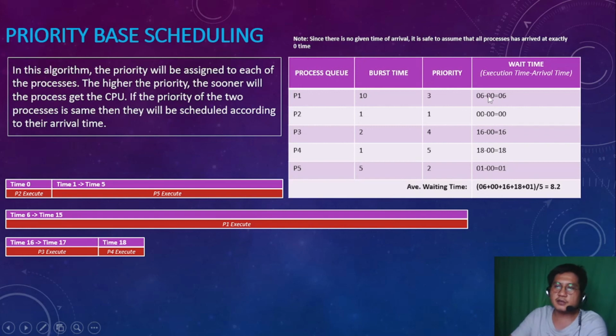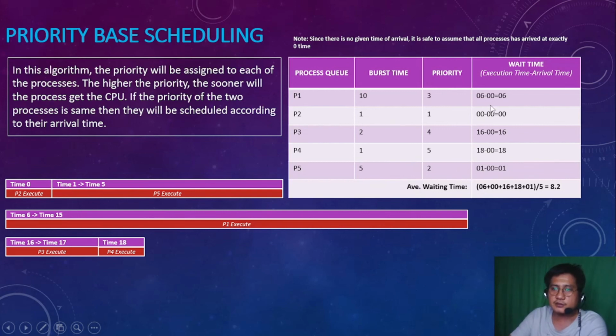And then we look for their execution time in our Gantt chart. Process 1 at around time 6, process 2 at time 0, process 3 at time 16, process 4 at time 18, and process 5 at time 1.